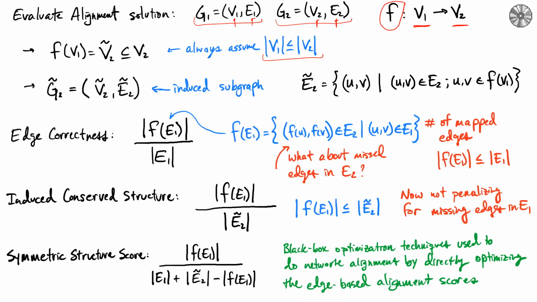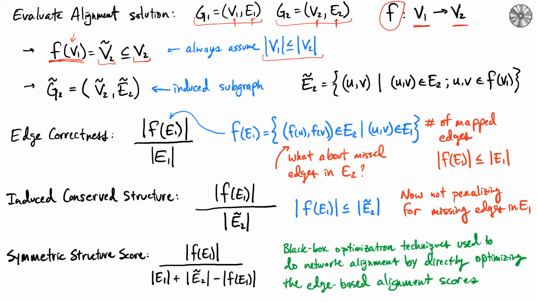And so that means that when we operate the mapping F on the vertex set V1, we get a subset of the vertices of V2. Okay, so if G2 is bigger, it has more vertices than the first graph, then when we map these nodes from V1, we're only mapping, say, 10 nodes.